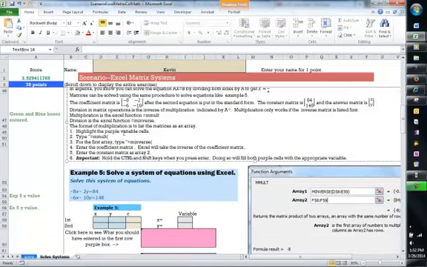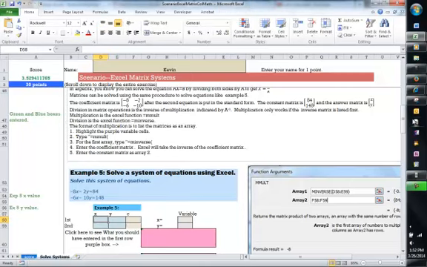So here's how we're going to do it. The first thing you do is fill in the matrices. So we've got -8, -2, and 84. And we've got -6, -10, and 148. What you need to do is highlight your 2 cells for the x and y variables.